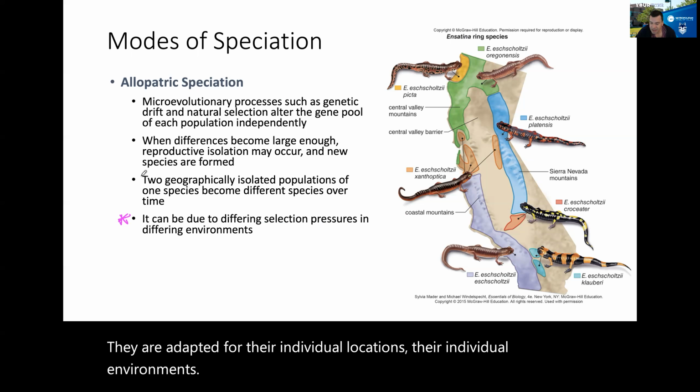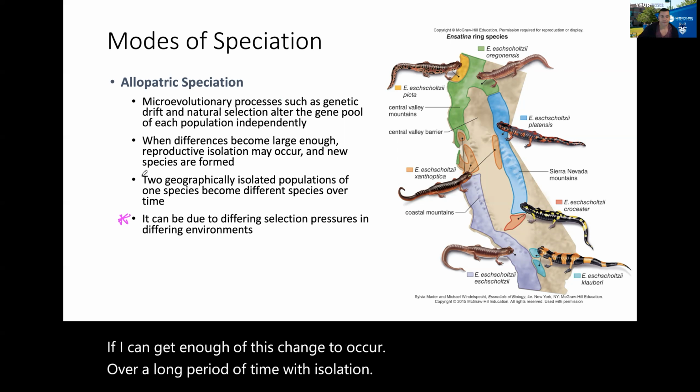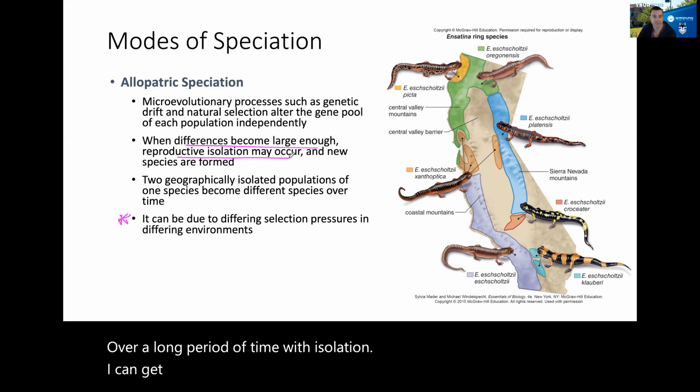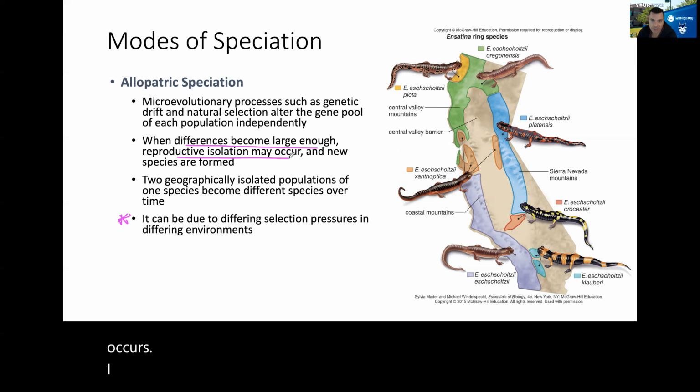If I can get enough of this change to occur over a long period of time with isolation, I can get reproductive isolation to occur. And when reproductive isolation occurs, I get the formation of a different species.